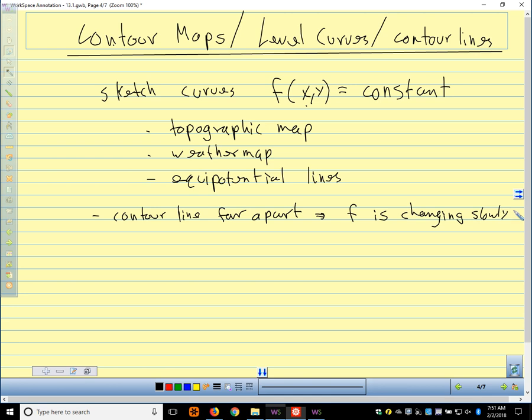So if our lines are far apart, the constant value of z means from one to the other, z hasn't changed that much. We haven't gone uphill or downhill that much. But if they're close together, it means it's changing rapidly.